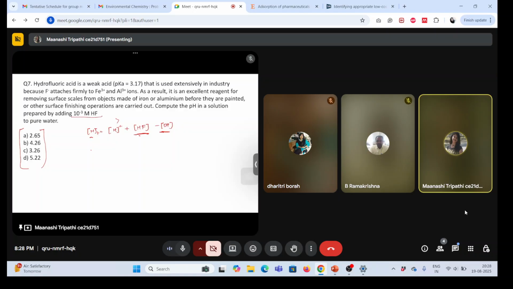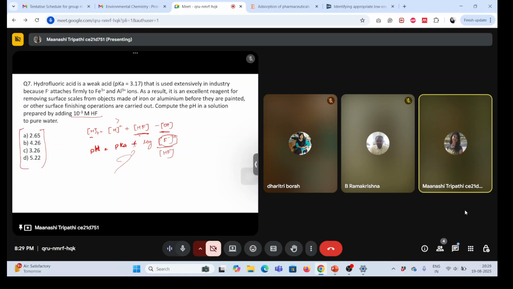Can we use the Henderson-Hasselbalch equation? For this also we need, even if we use the Henderson-Hasselbalch equation, from here we can calculate F, right?